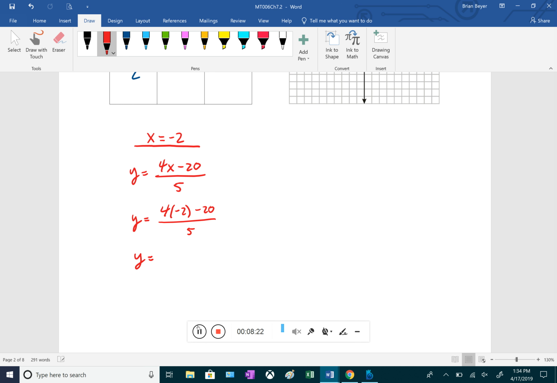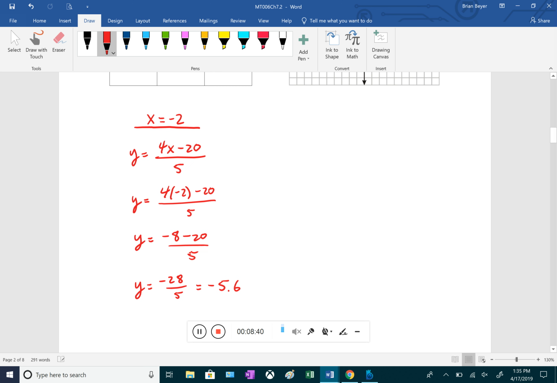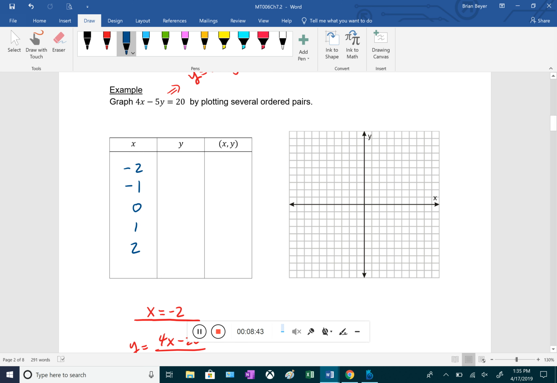That's going to be -8 minus 20 over 5, so -28 over 5, which is -5.6. Kind of nasty, but that's all right. So it's -5.6 for the y-coordinate, ordered pair -2, -5.6.